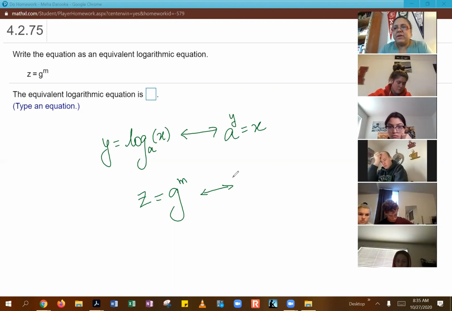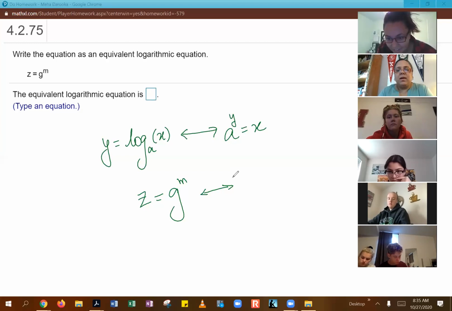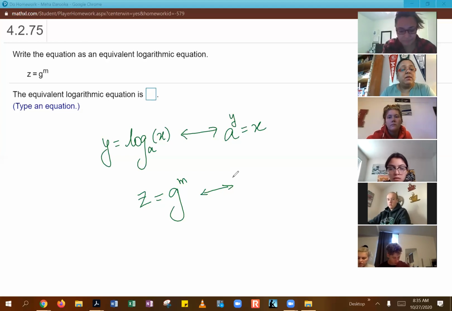All right, go ahead, send your answers in. Oh, Alicia, you're converting this into logarithmic form. Okay, let's see. Noah, Allison, you guys have log of z with base g equals m.